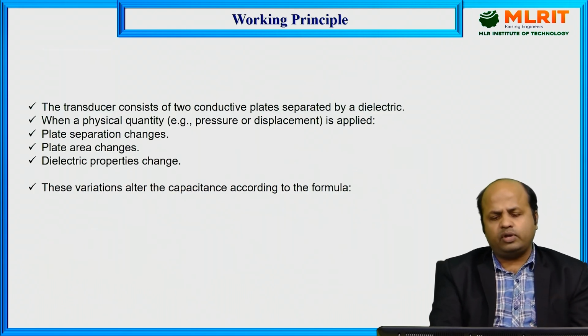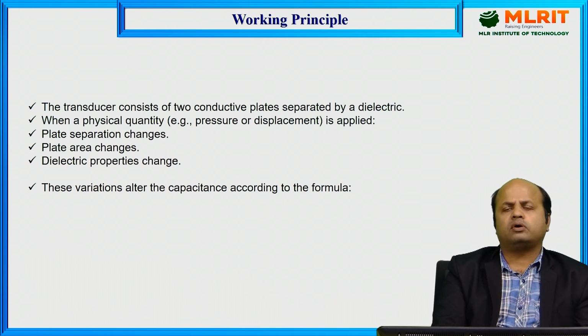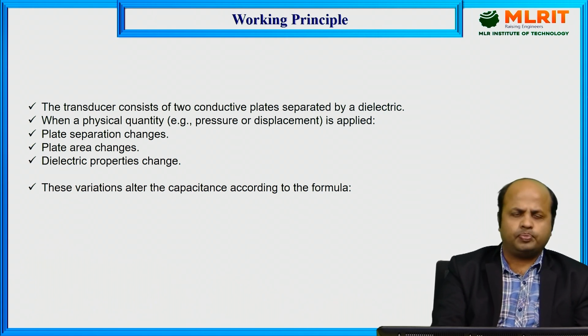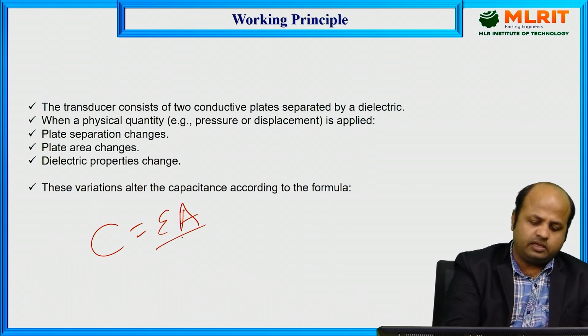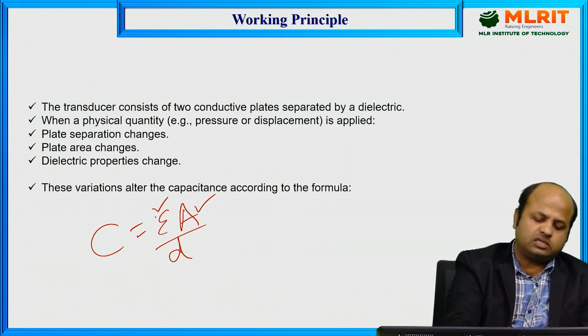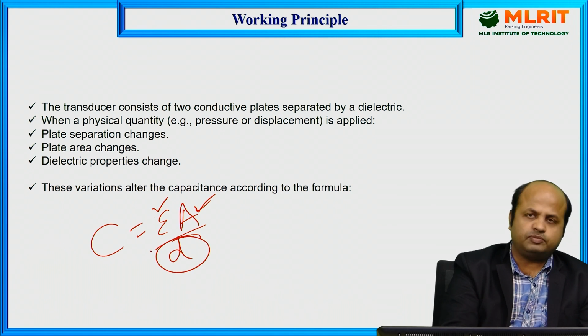We have already discussed some of the working principle of the capacitive transducer. We just have to remember this formula. The capacitance of a capacitor is given by epsilon A by d. Epsilon is the dielectric constant, A is the area of the plate, and d is the distance between the two plates.